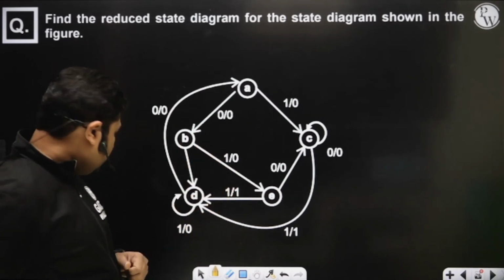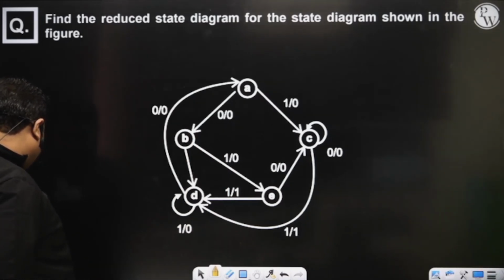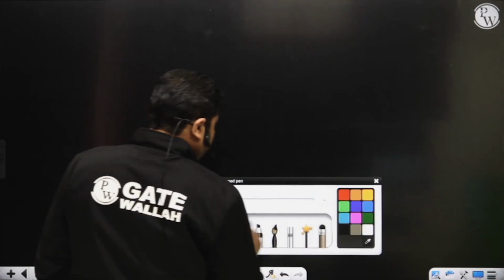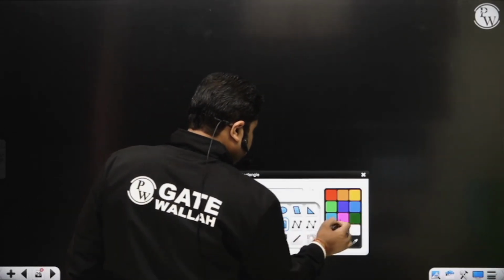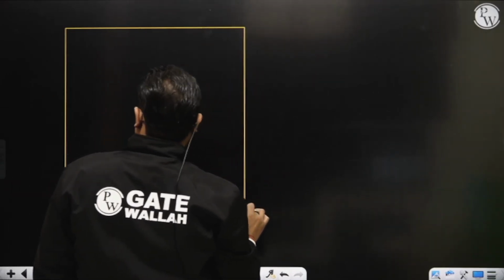So now please observe here. There are total 5 states. So I am going to construct a state table now.